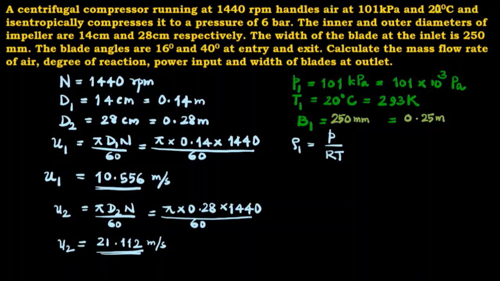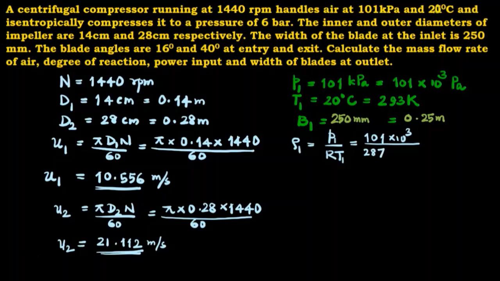So ρ1 is equal to P1 by RT1, suffix 1 representing the inlet condition. What is P1? P1 is 101 into 10 raised to 3 Pascal, divided by the characteristic gas constant for air, which is 287 joule per kilogram Kelvin.